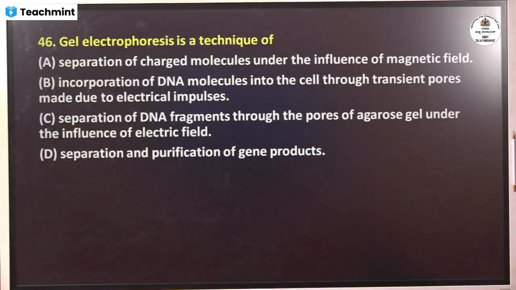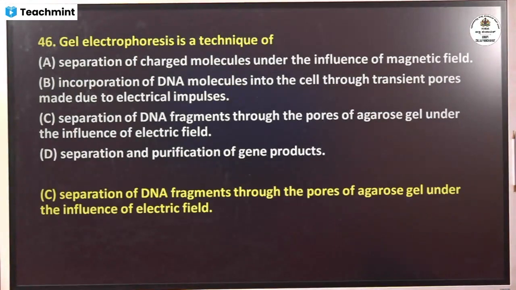Gel electrophoresis is a technique of separation of charged molecules under the influence of magnetic field, incorporation of DNA molecules into the cell through transient pores made due to electrical impulses, separation of DNA fragments through the pores of agarose gel under the influence of electric field, or separation and purification of gene products. Gel electrophoresis, what is this?